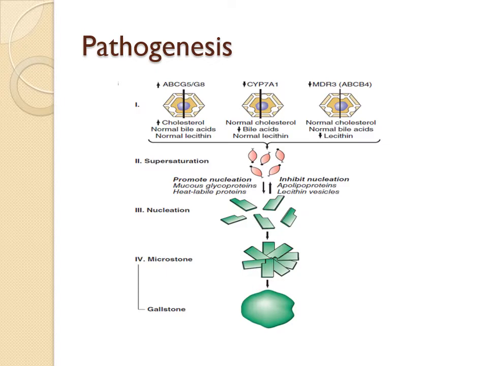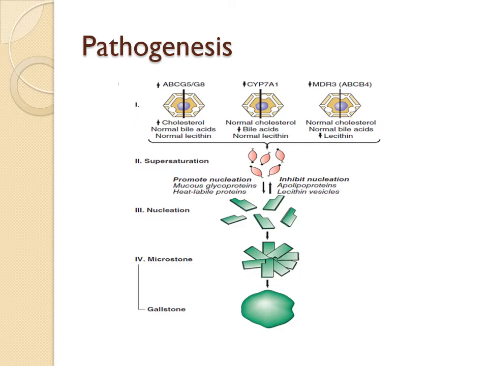For the pathogenesis of your gallstones, any abnormality in your cholesterol, bile acids, or lecithin levels can trigger the formation of gallstones. Whether it be an increase in your cholesterol levels, a decrease in your bile acid pool, or a decrease in your lecithin, all of this can lead to supersaturation of your bile. Now, we have different pronucleating and anti-nucleating proteins.